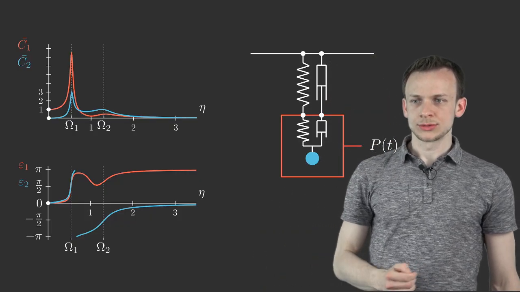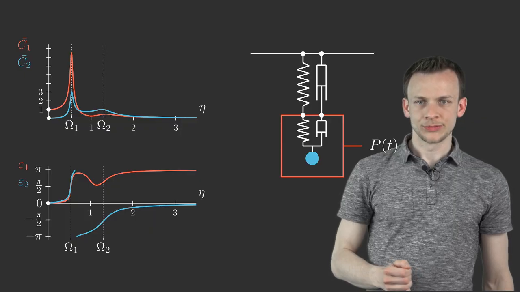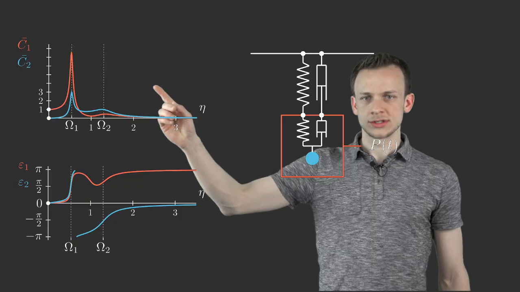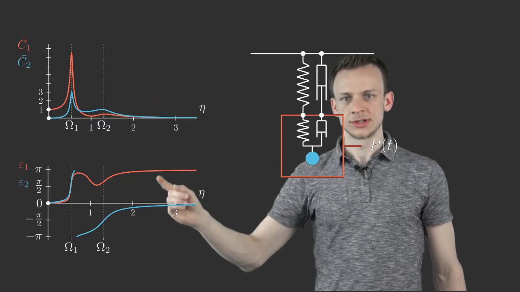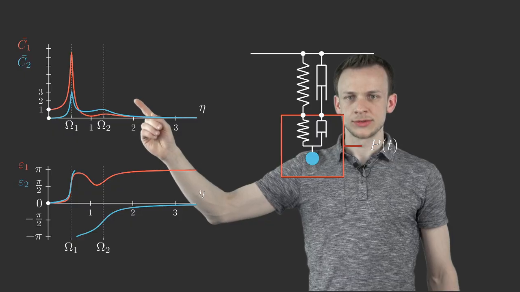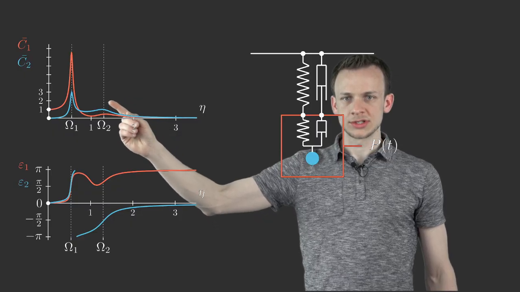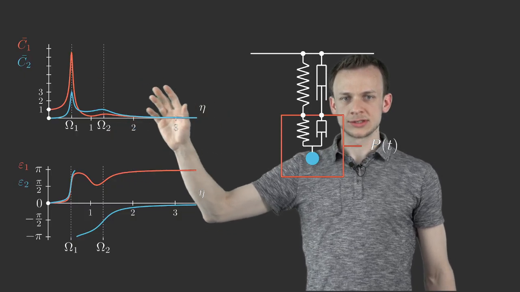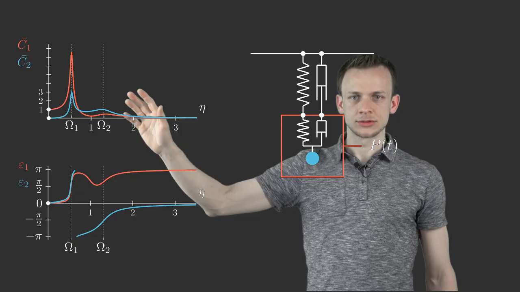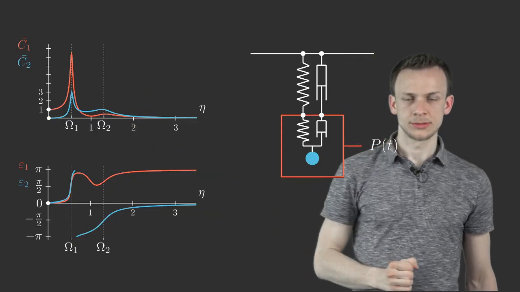And as opposed to the last example, where we only considered the magnification factor, we now include the phase shift, because in the example before, we included positive and negative values here, whereas in this example, this is to be considered as the absolute value of the magnification factor.